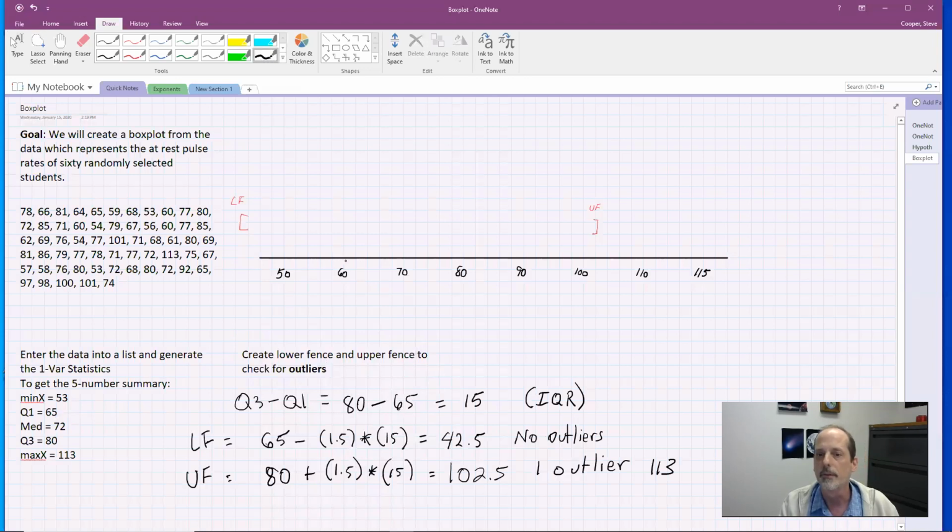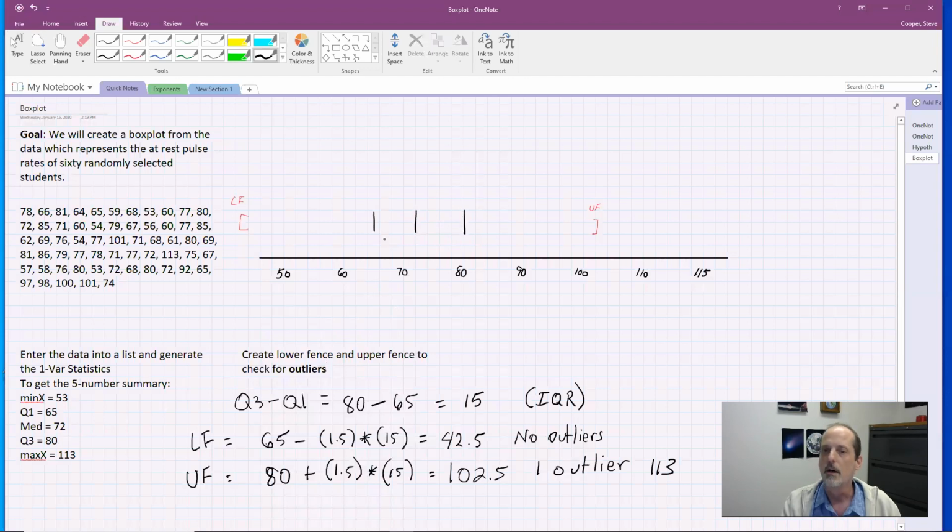So there's 65 is going to be halfway between. So that's going to be right here. Median is 72. That's easier to find because these are spaced on 2s. So there's my 72. And then Q3 is an 80, which is also right there.